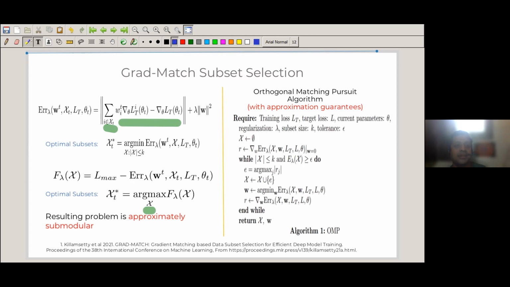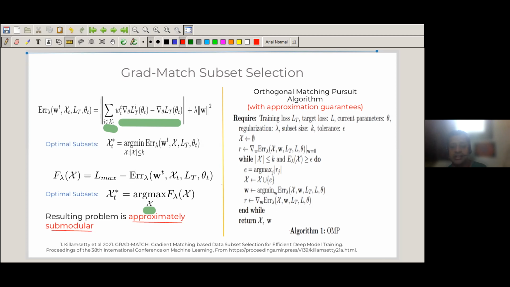I have not described submodularity, but approximate submodularity is basically a diminishing returns property, and just like submodularity has some very good greedy algorithms, approximate submodularity also lends itself to some nice greedy algorithms, which we'll not get into.